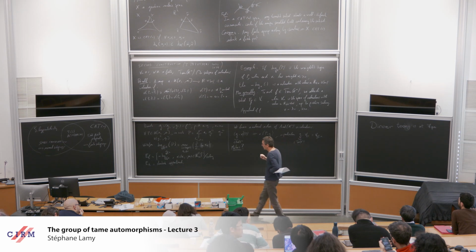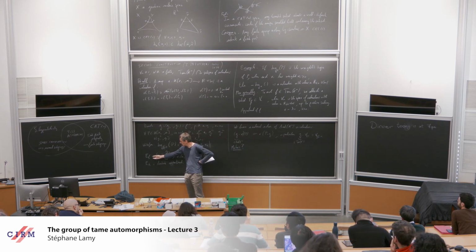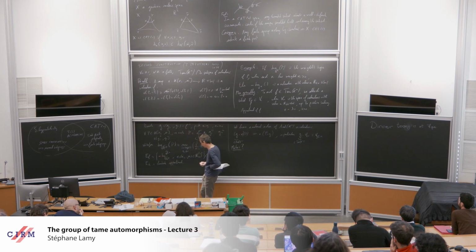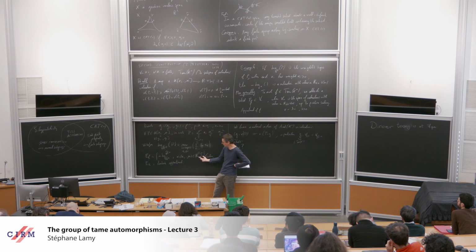Okay, so I'm going to put a metric on each E_f. You see that E_f is parameterized by the weights. The weights are positive, so I'm going to pass to the logarithm.